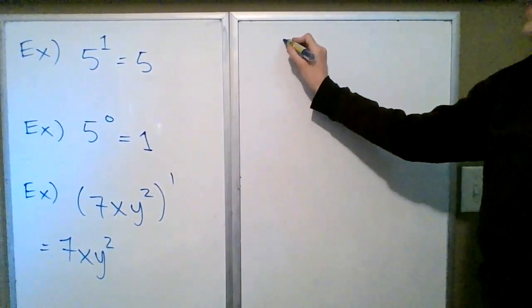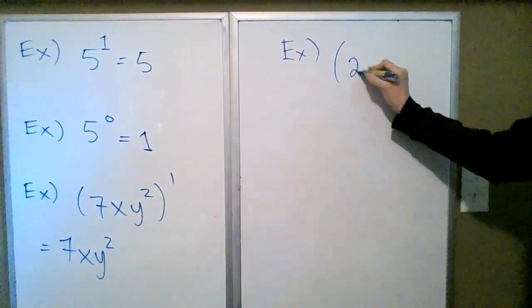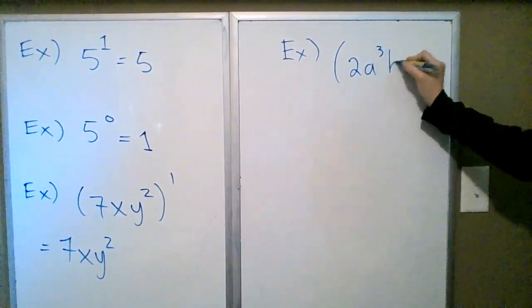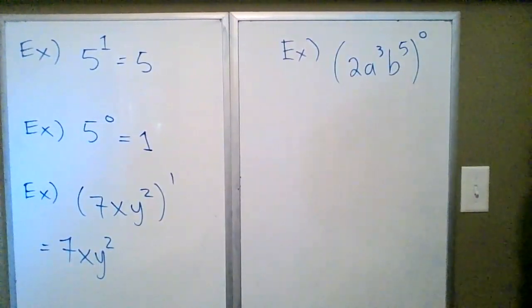We're going to go with 2a to the 3rd and b to the 5th. All that has a power of 0. Anything with a power of 0 is going to equal 1.